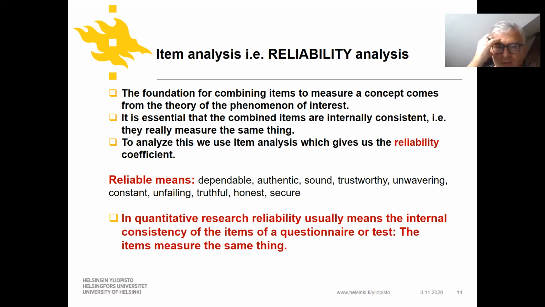So in quantitative research, we use reliability typically to tell us about how well the items in a test or questionnaire go together, how internally consistent they are. Do they measure the same thing?